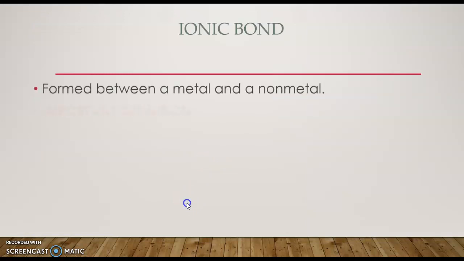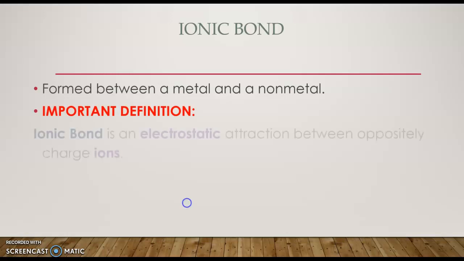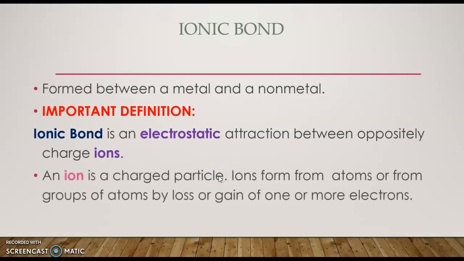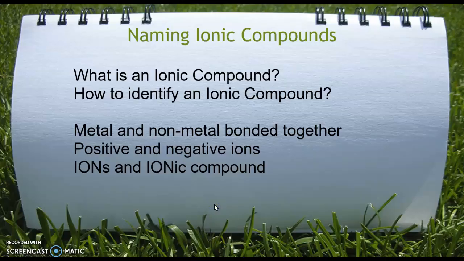Generally speaking, ionic bonds or ionic compounds are formed between a metal and a non-metal. Again, an ionic bond is an electrostatic attraction between oppositely charged ions, a positive and a negative ion. And we of course know that ions come from the loss or gain of electrons.